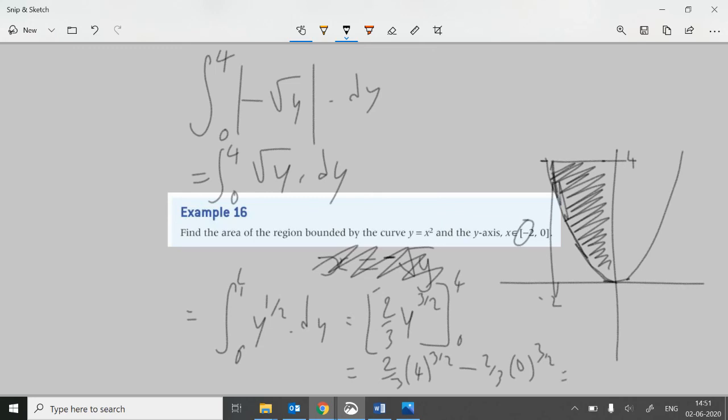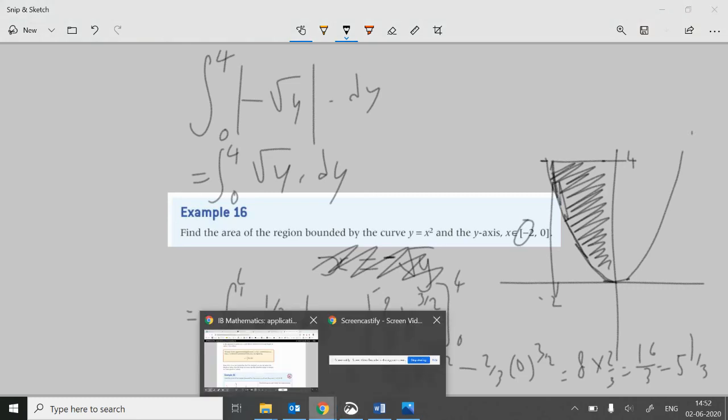Now, the first part you can work out without a calculator as well, because the square root of 4 is 2, and then cubing it brings us to 8, and then 8 times 2/3 gives you the answer of 16 over 3, which is 5 and 1/3, which is the same as the answer in the book as well. So that's a little bit messy there, but hopefully you can see that.